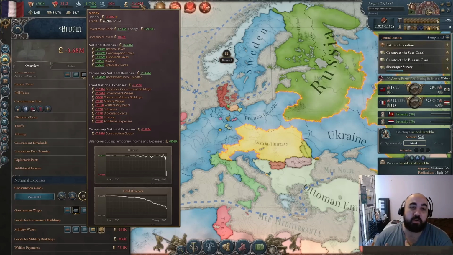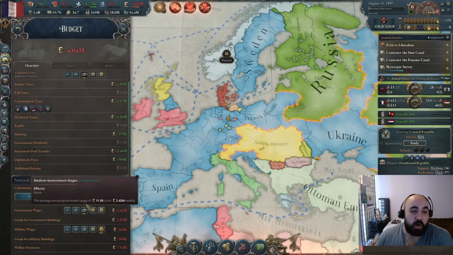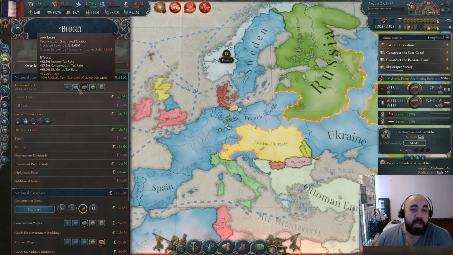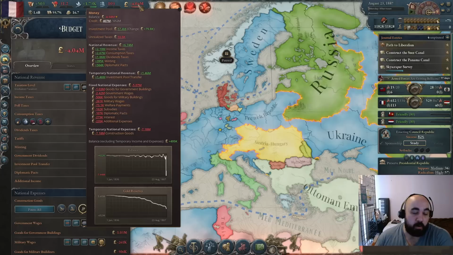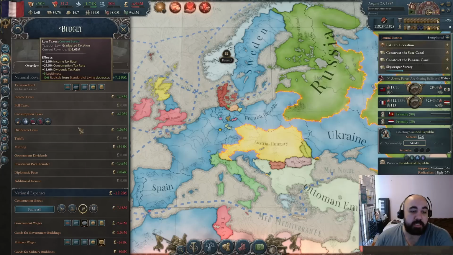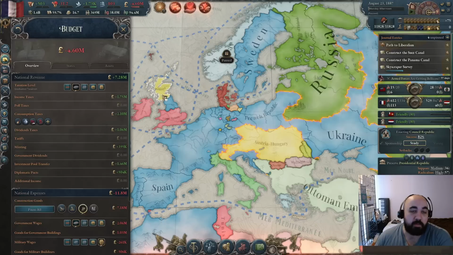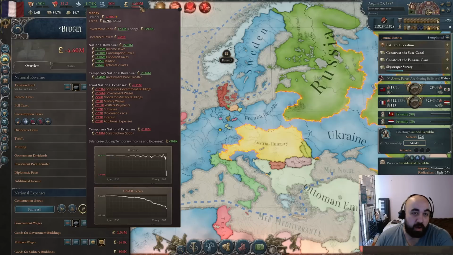And so one thing I think you can do to try and help manage this is actually utilize the government wages, where what you can do is you can look to decrease taxes. We're at 404 here, where you can decrease taxes and then also decrease government wages as a means of trying to increase the SOL while decreasing the amount of money you are paying out in raw government wages.